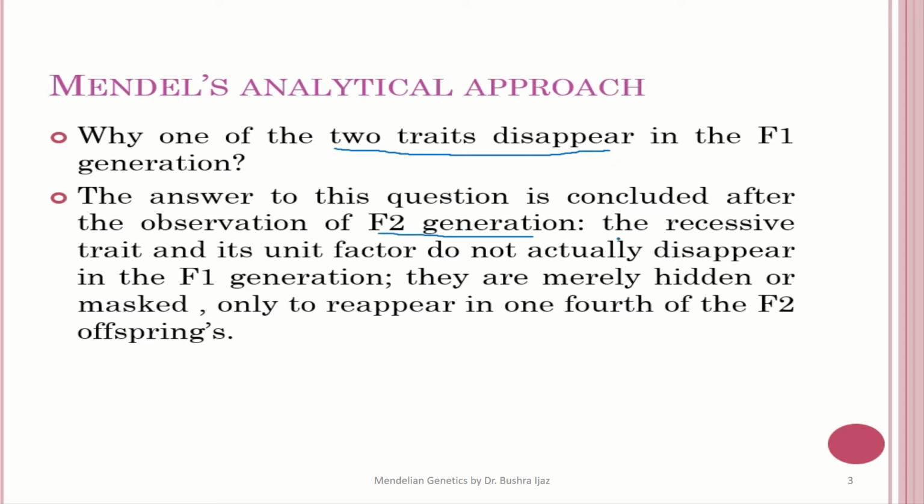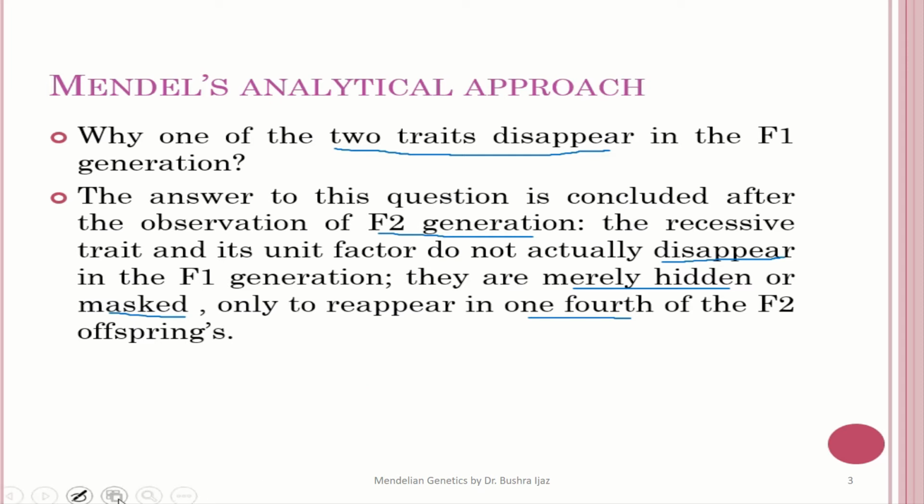The recessive traits and their unit factor do not actually disappear in the F1 generation. They are merely hidden or masked, only to reappear in 1/4 of the F2 generation. I have already discussed this pattern, that recessive traits do not disappear in the F1 generation. They are just hiding there and they have to express in the F2 generation.